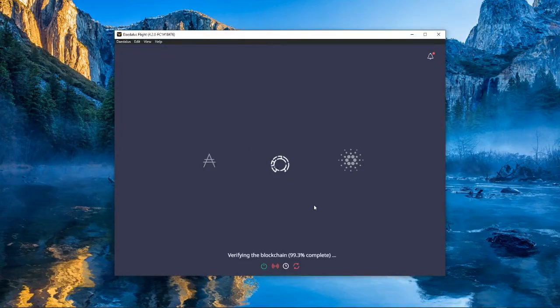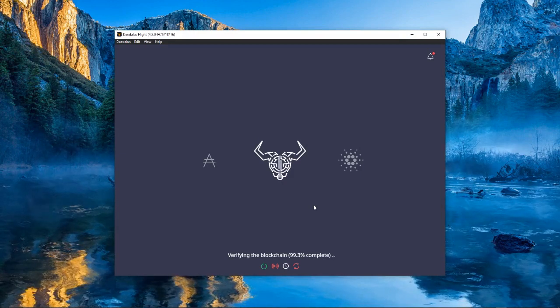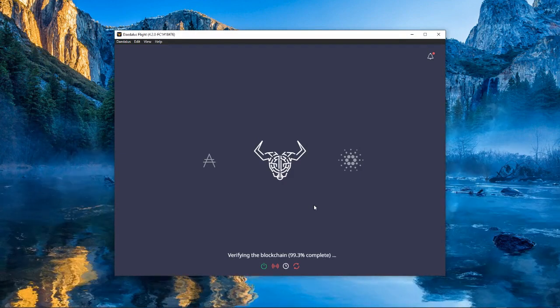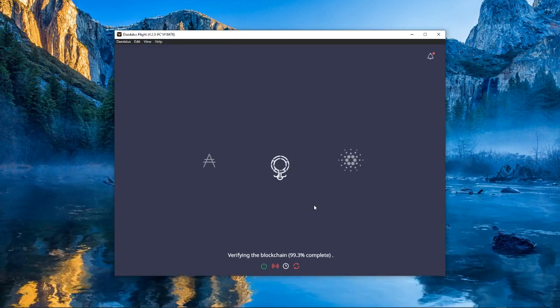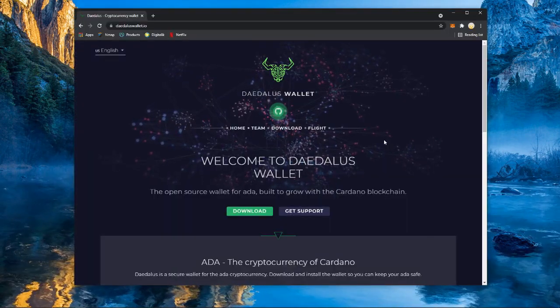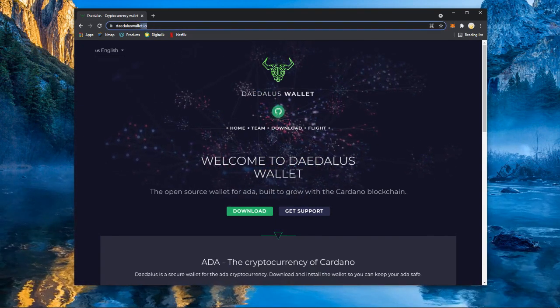I just wanted to throw in a disclaimer about the Daedalus wallet. Using a software wallet on the Cardano blockchain can present some wait times while waiting for the blockchain to synchronize with the public ledger. To get the wallet I'm using in this demonstration, you must go to daedaluswallet.io.